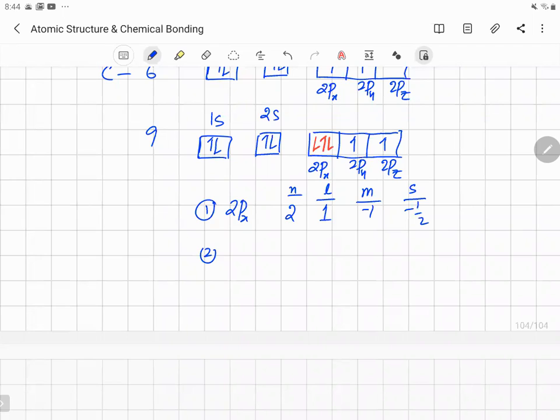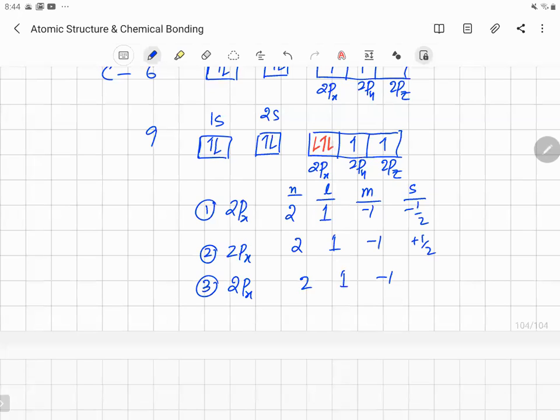What about the second electron in 2px? The second electron in 2px has 2, 1, minus 1, plus half, right? And what are the quantum numbers for the third electron in 2px? It is 2, 1, minus 1. All these 3 quantum numbers are the same for all 3 electrons.